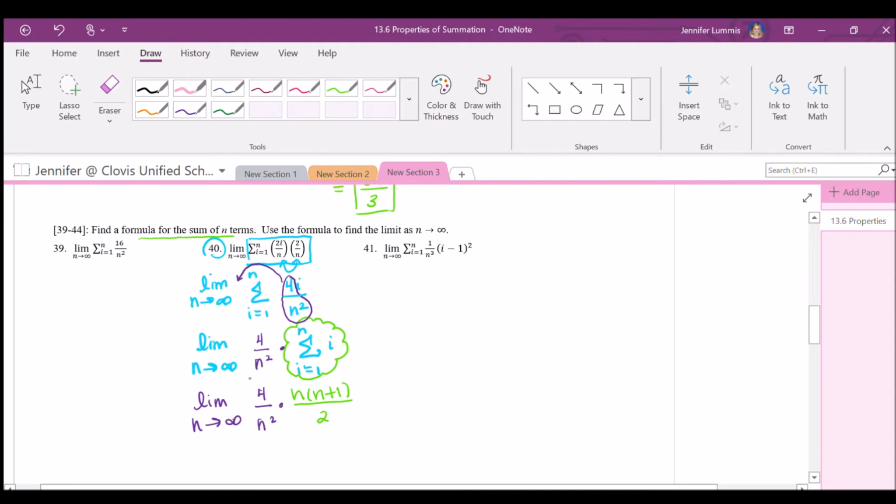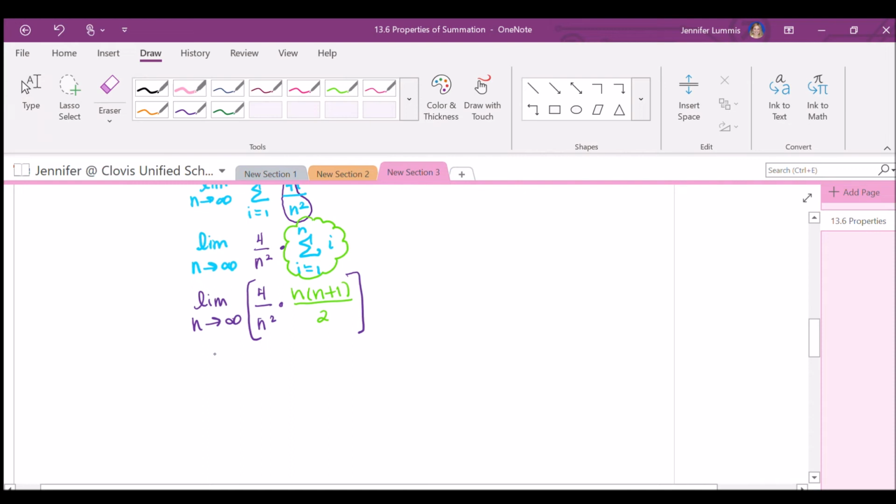Okay, so we now have all of this inside of the limit, and we can bring that together more if we wanted to, but honestly, we can just at this point work out our limit like we did in the previous problem. If I were to multiply my leading terms, we have 4n times n, so that would give me 4n squared. And in the denominator, we have n squared times 2, which is 2n squared.